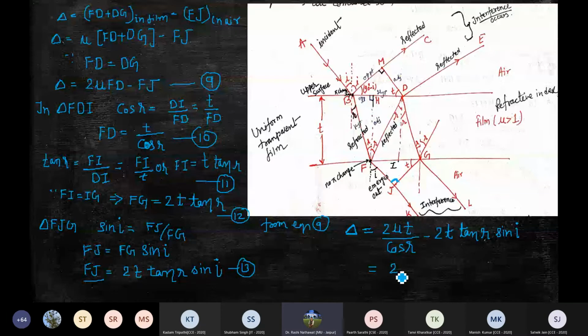Can you do it for me? Can you simplify it? I will directly write the answer here. Yes, ma'am. Yes, very good. Please try out. Very simple. We have done similarly in the last class. The answer should come 2 mu t cos r, as we got yesterday.